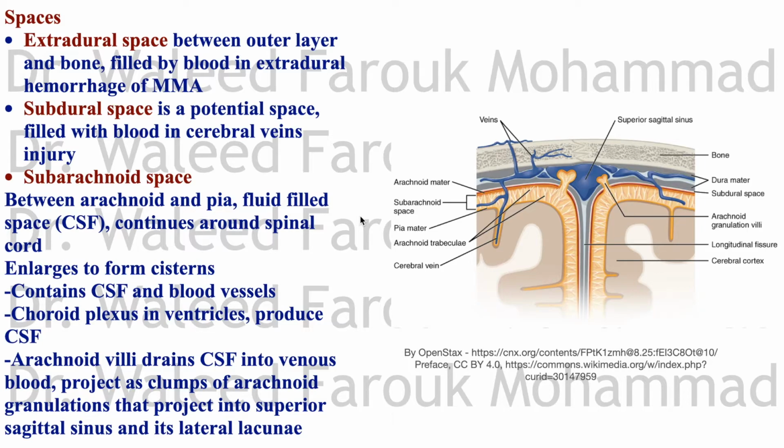So, if you suspect a brain injury or intracranial hemorrhage and you perform a CT scan or an MRI on the patient and you find a collection of blood outside the brain between the membrane and the bone, this is epidural hemorrhage or extradural hemorrhage, and the source of which is the middle meningeal artery.